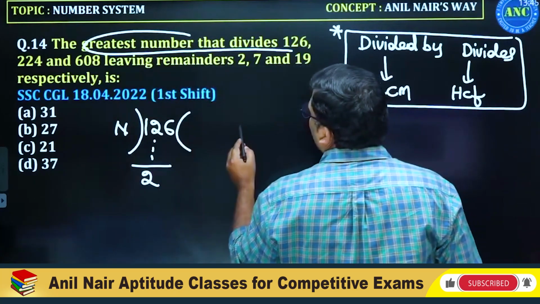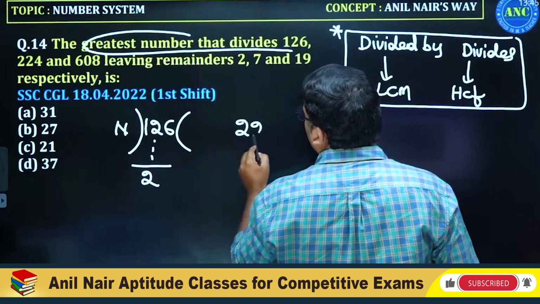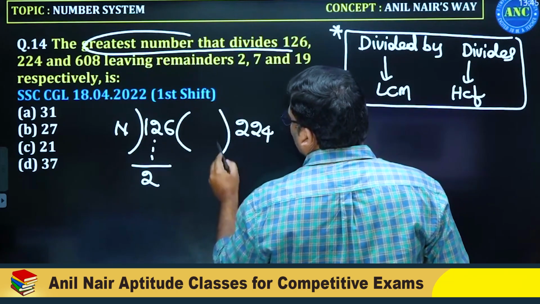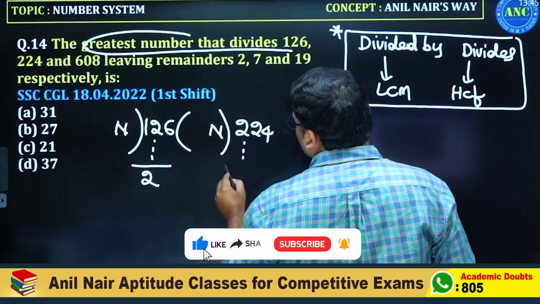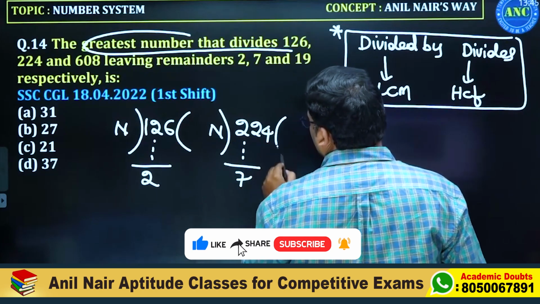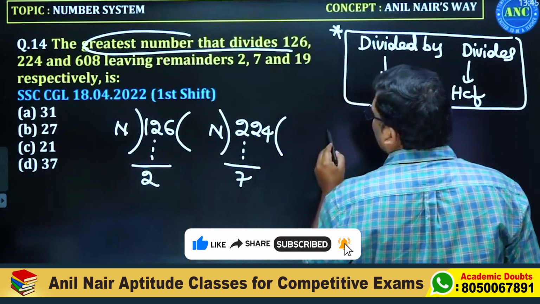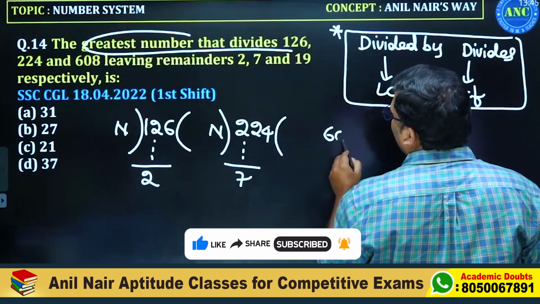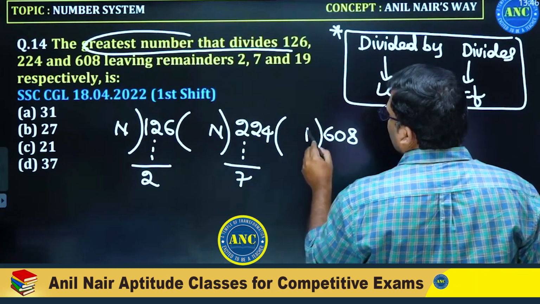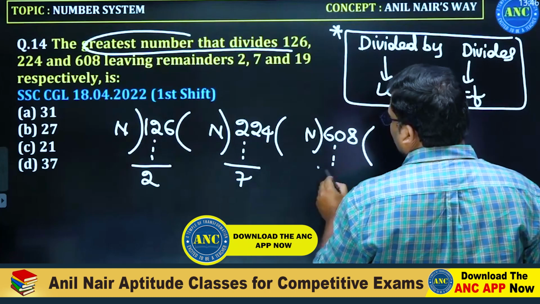The number that divides 224 and gives a remainder 7, and the number which divides 608 and gives a remainder 19.